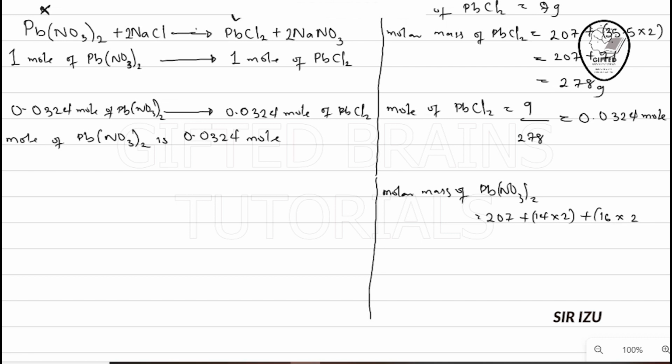So at the end of the day, we would have 331 grams per mole.